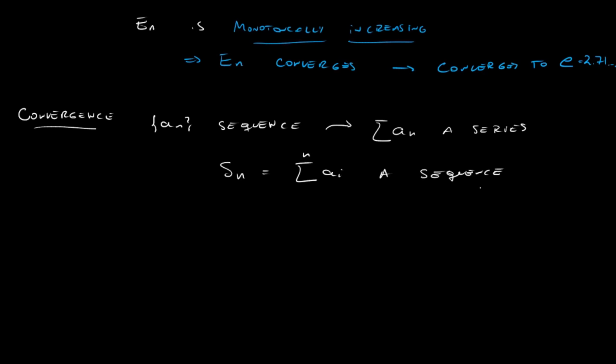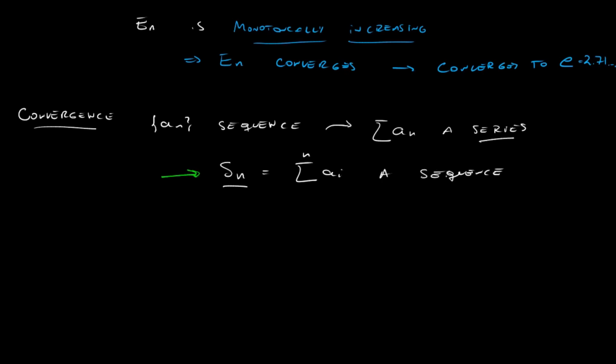And we already know how to study sequences, so we're going to use all those tools to study S of n. And we already have a definition for when a sequence converges. So we can now transform that definition into this other sequence, and then we'll have the definition for when a series converges.